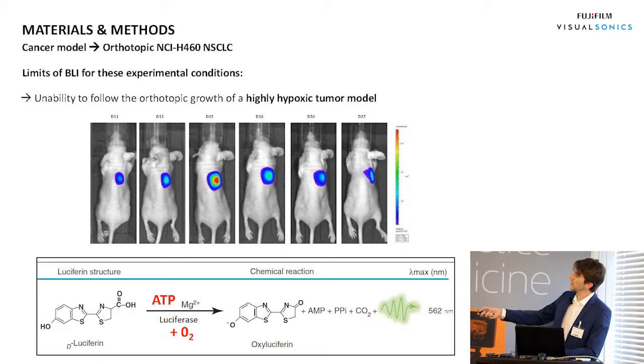As you can see here, the tumor growing with the bioluminescence signal increasing with time, then a decrease in this bioluminescence signal due to the presence of hypoxia. That's why bioluminescence couldn't allow to follow the orthotopic growth of this highly hypoxic tumor model.